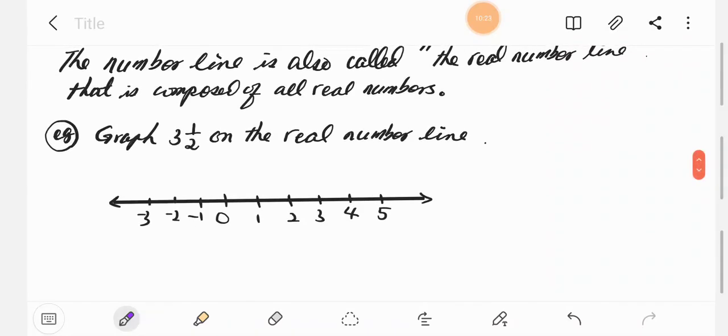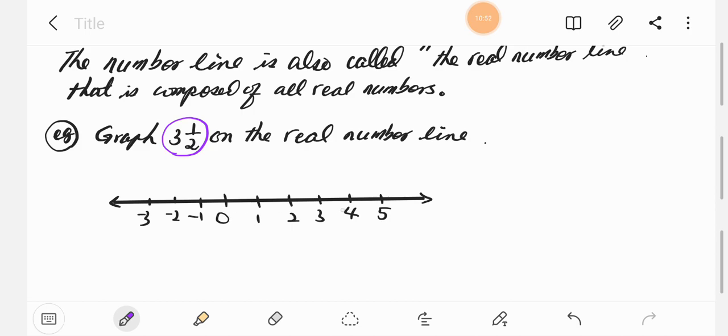Okay, now graph 3.5 on the real number line. So we have a real number line, and 3.5 is greater than 0, right? If a number is greater than another number, then it's always on the right side of that number.